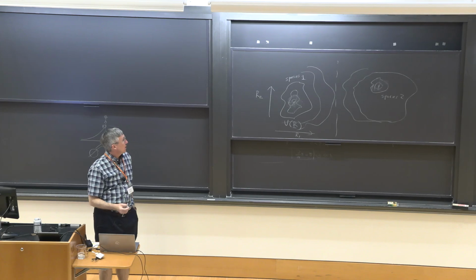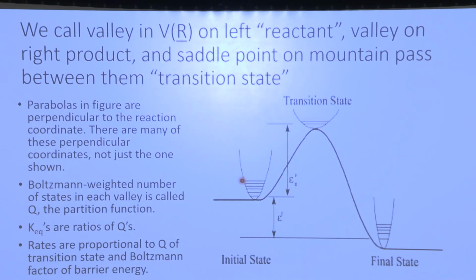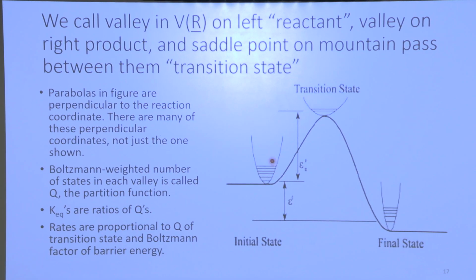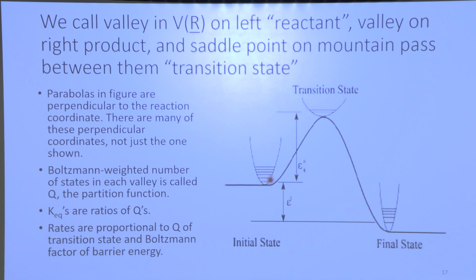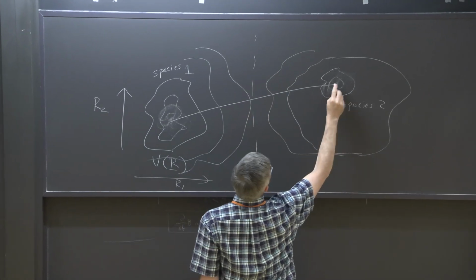All right, so this leads to pictures like this. Now, to understand this picture, this parabola should be in and out of the plane. It's not in the same plane as this paper, and it's the directions that are not related to the reaction. So for example, on this plot, I could say there's a reaction coordinate. I could travel from here to here.